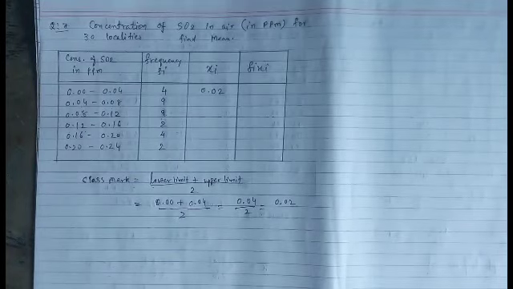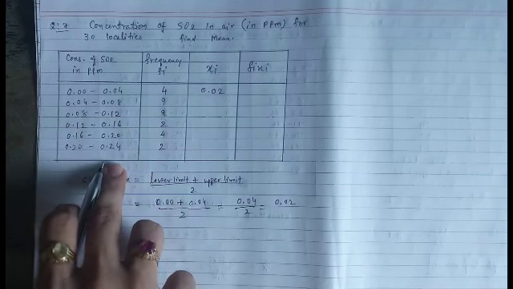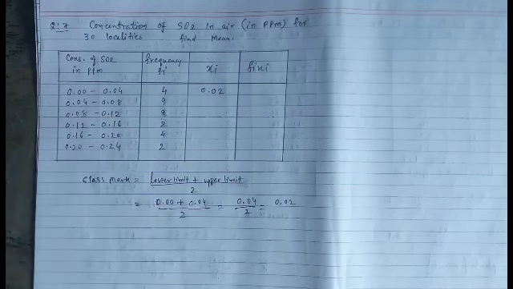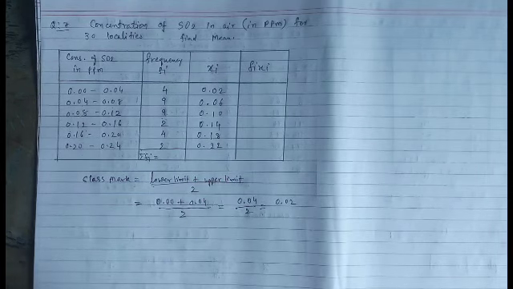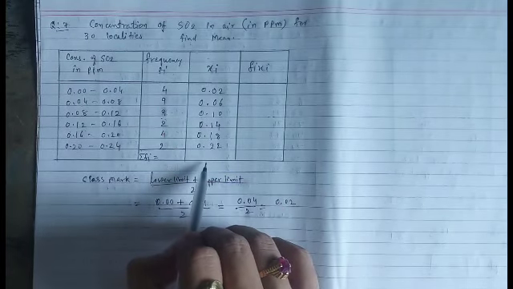Similarly, you have to get class mark for all these terms, upper limit plus lower limit divided by 2. So once again, pause the video, do the calculation and then check out. So the class mark for the remaining classes will be as I have written here.